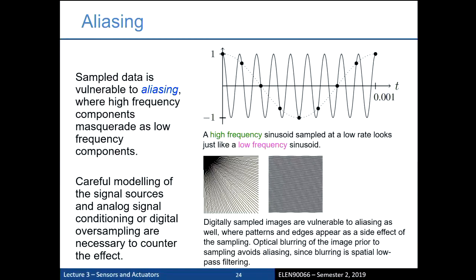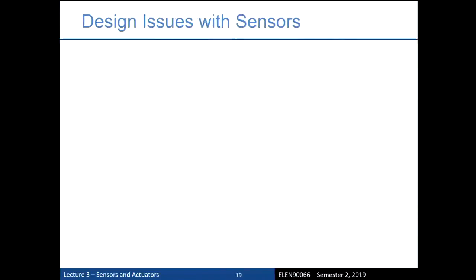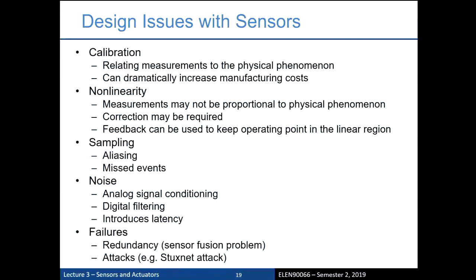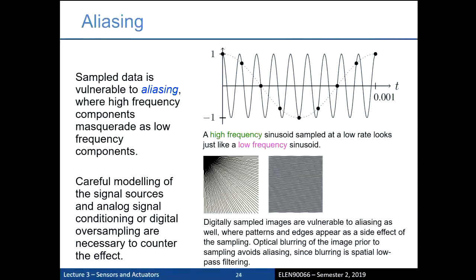Okay, so I gave a list of inherent issues with sensors. So going back a couple of slides, here. So calibration, nonlinearity, sampling, noise, and failures, and how to deal with some of those things. So I have aliasing as one of the issues. Up the top there is a sinusoid.